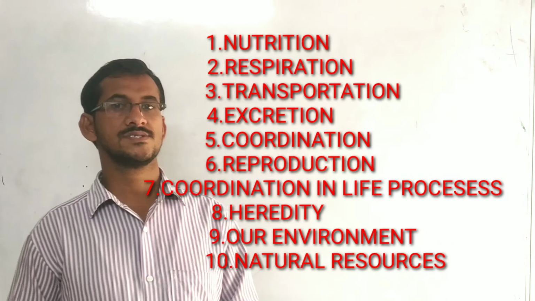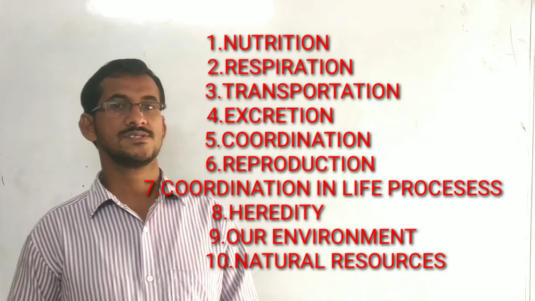You know the first chapter name is nutrition. So from this first chapter, let us see the important questions. First question is autotrophic and heterotrophic nutrition. You know auto means self, so self-preparing.